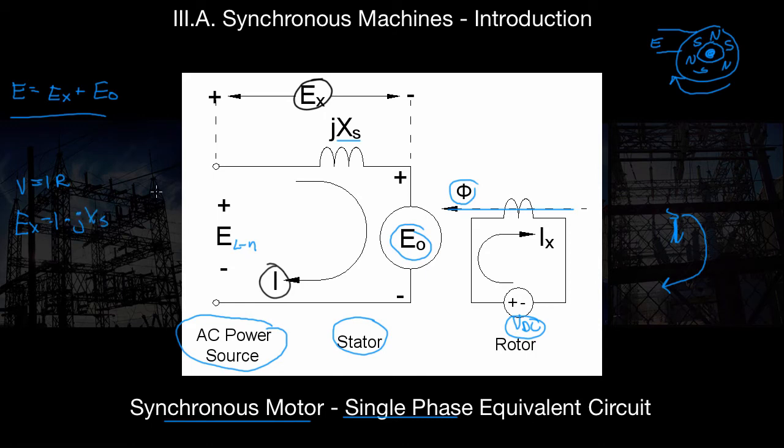This still holds true because that's simply Ohm's law. That's just solving for the voltage drop across one impedance with the current flowing through it. So if we know XS and I, we can find EX. If we know EX and I, we can find XS. As long as we know two, we can find the third unknown. Just like up here, if we know two of these values, either EX or EO, we can find the third missing one.